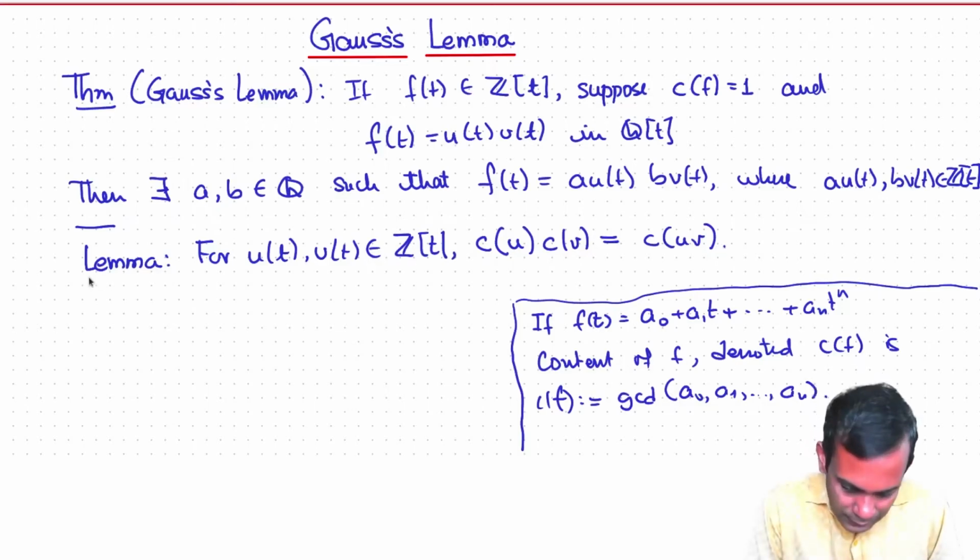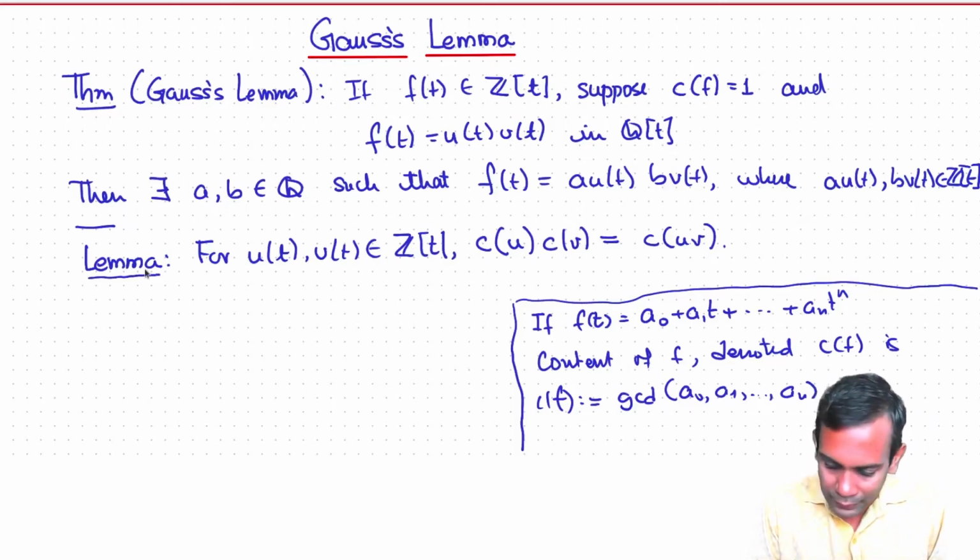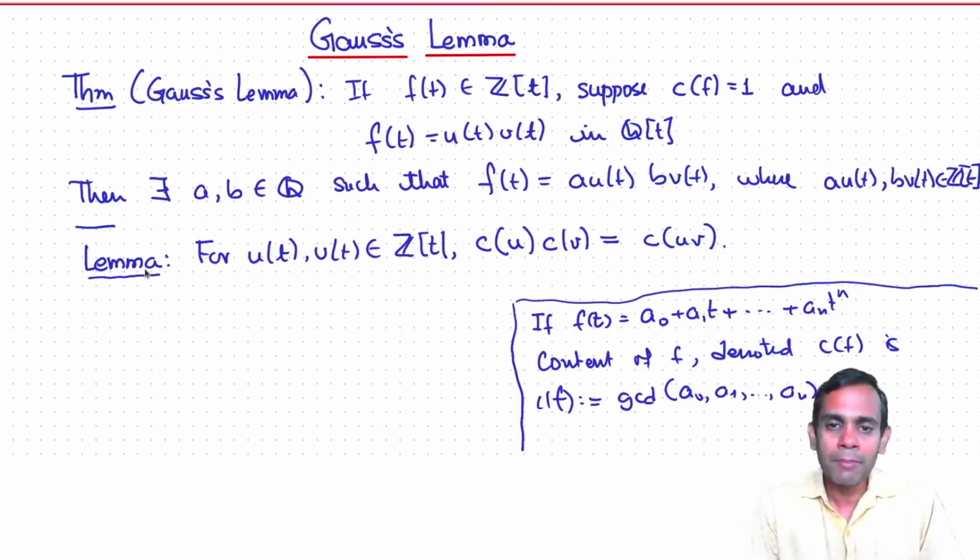Now to prove this lemma here, we can assume that the content of u and v is 1, because if the content of u is not 1 or the content of v is not 1, then we can divide u by its content and get a polynomial with content 1. Similarly, we can divide v by its content and get a polynomial with content 1.